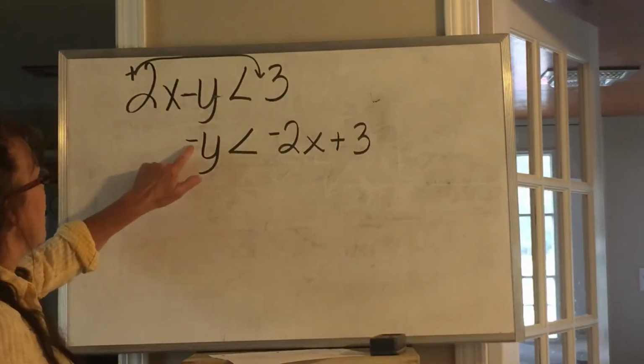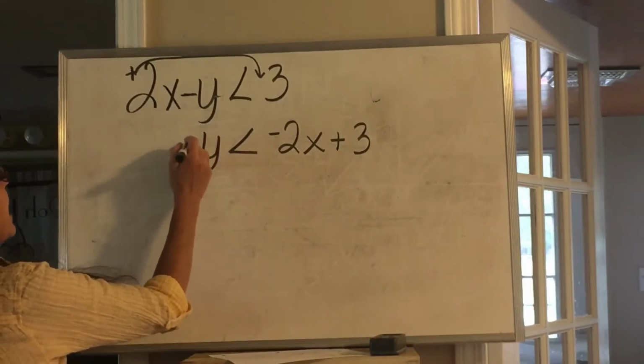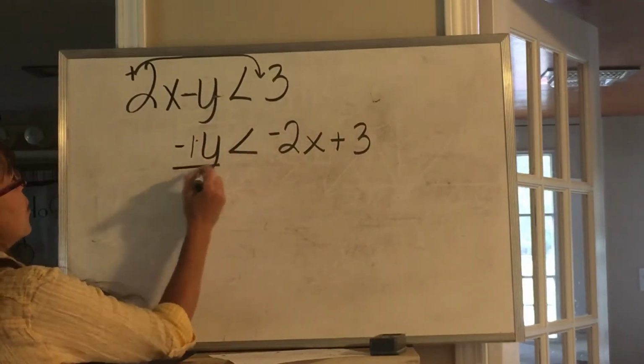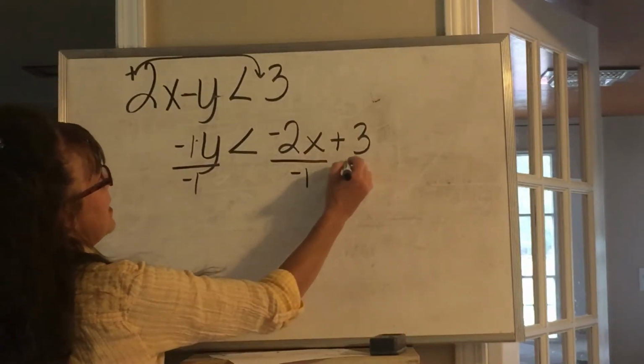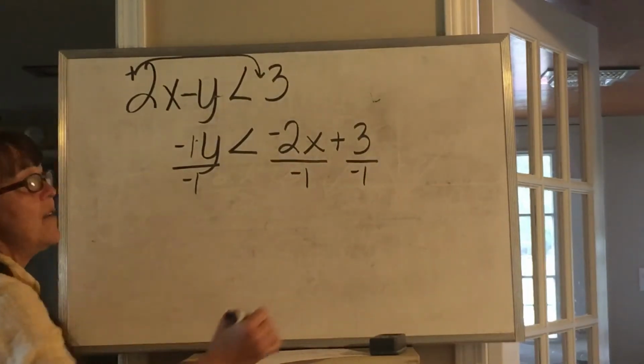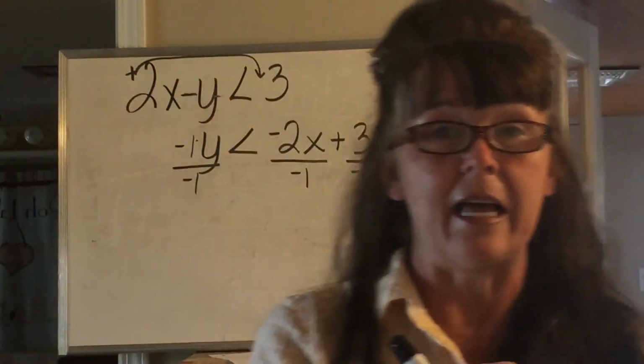And then, to get rid of this negative, that's really a -1 right there, we're going to have to use our rule that we're dividing by a negative. And if you ever divide by a negative, don't forget to change that inequality sign.